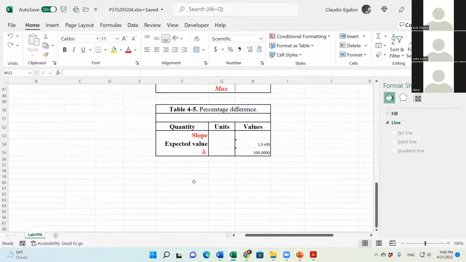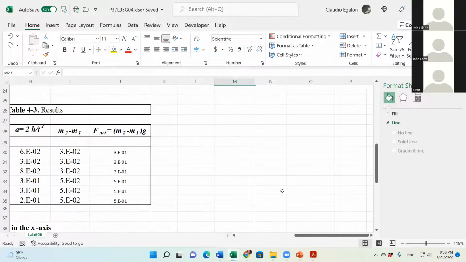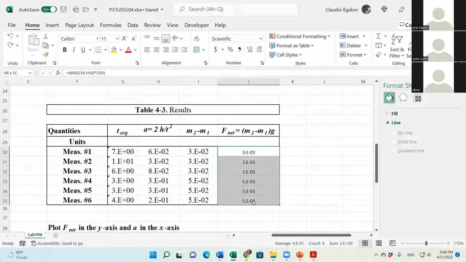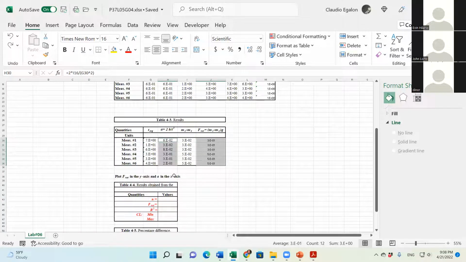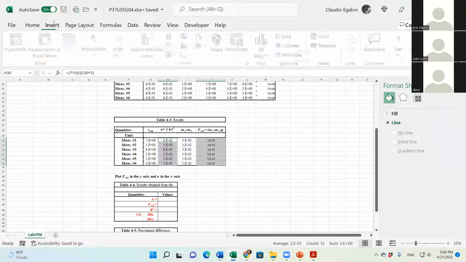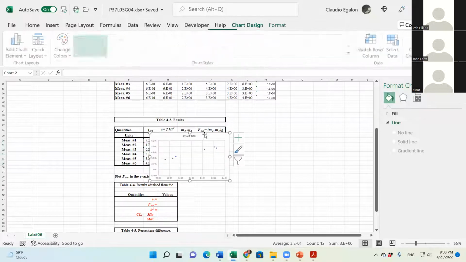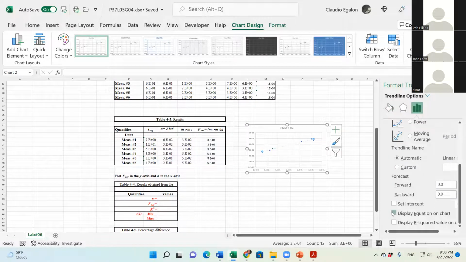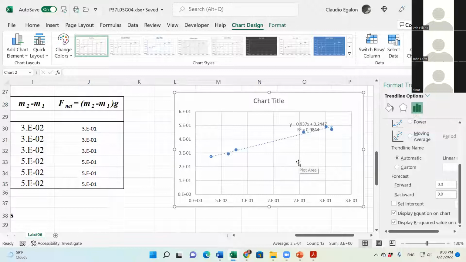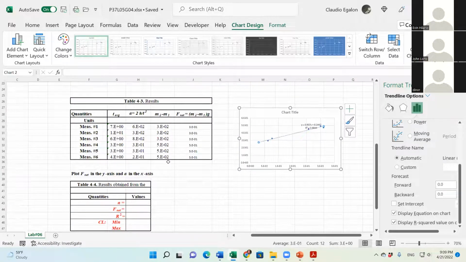What's the percentage difference that you're getting? 18. Well, let's see if that's what it is. Your group number 4, right, Ryan? 0.937.